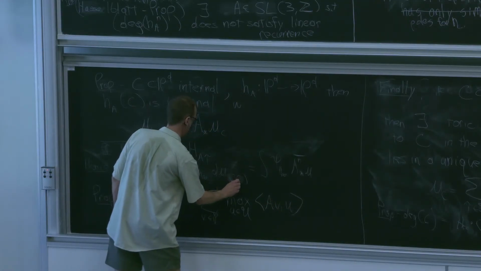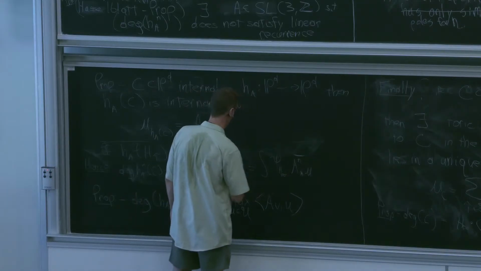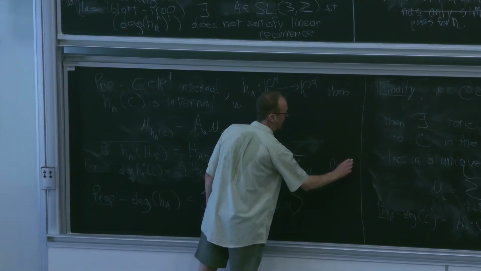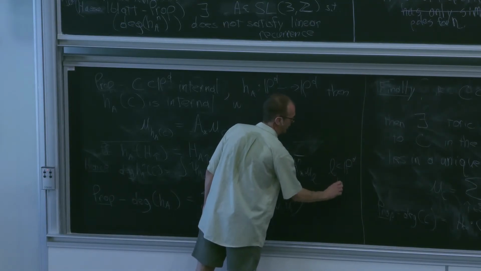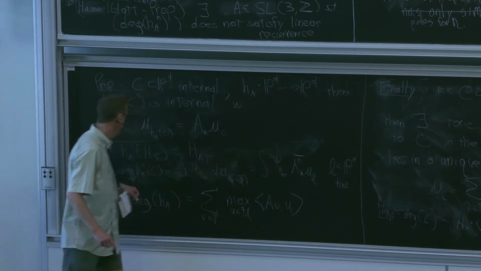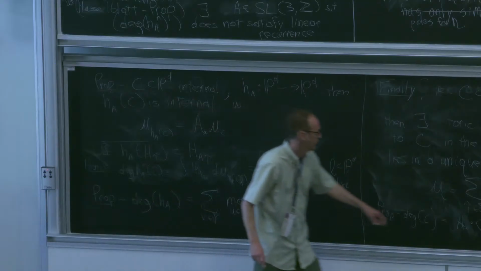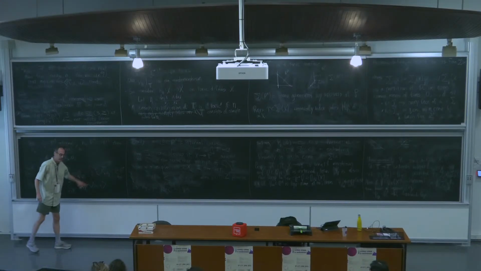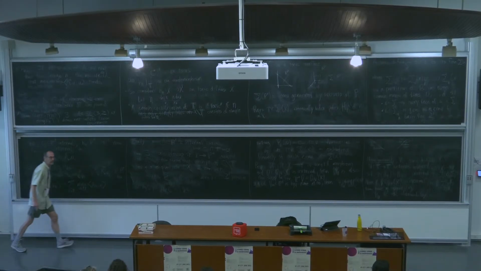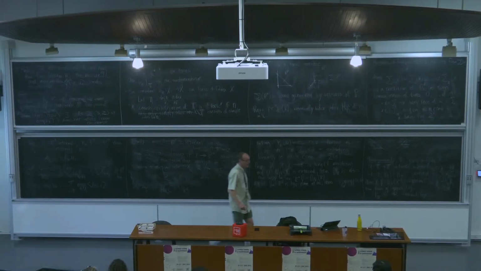Actually, I should take L, where L is a line. Okay, so my formula for the degree of H_A to the n comes straight from this thing. And you get an integral. And when you unwind the integral, that's all you end up with. Right there, you get the degree formula for the monomial map. Okay, so that's my take on degrees of monomial maps. And I'm going to recycle it in fairly short order.